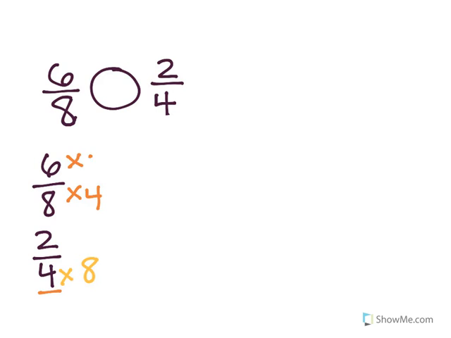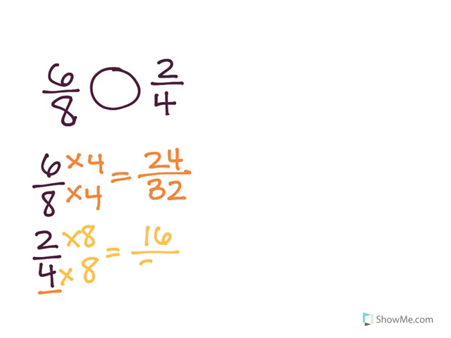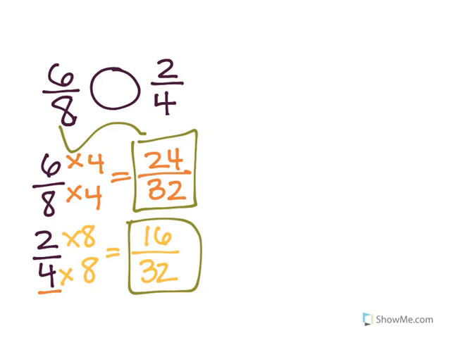But if I do it to the bottom, I have to do it to the top. So I would get 24/32. And for this one, I'd get 16/32. Now I have my 2 equivalent fractions that equal the same as these fractions up here.